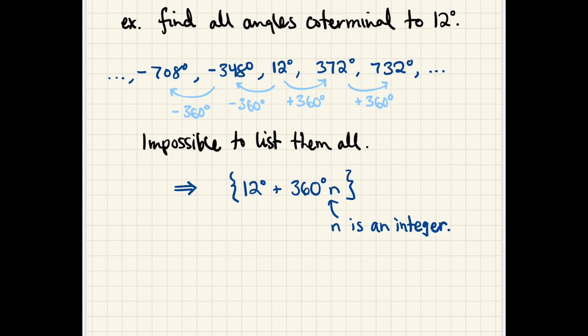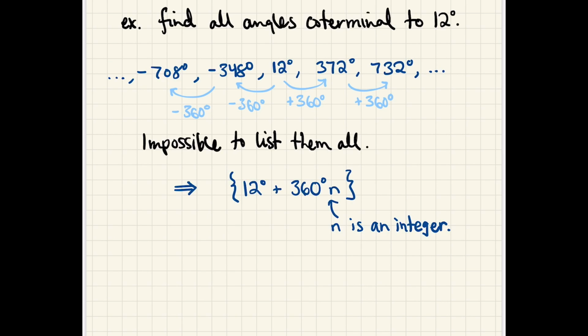So now, when n is equal to 0, that's like 12 plus 0 times 360, well, that's the 12. When n is equal to 1, that's 12 plus 360 times 1, that's the 372. Okay, when n is equal to, say, negative 5, that'll be 12 plus 360 times negative 5, and whatever that is, it'll be somewhere on the left in our list. Okay, so that's how we present an answer like that.